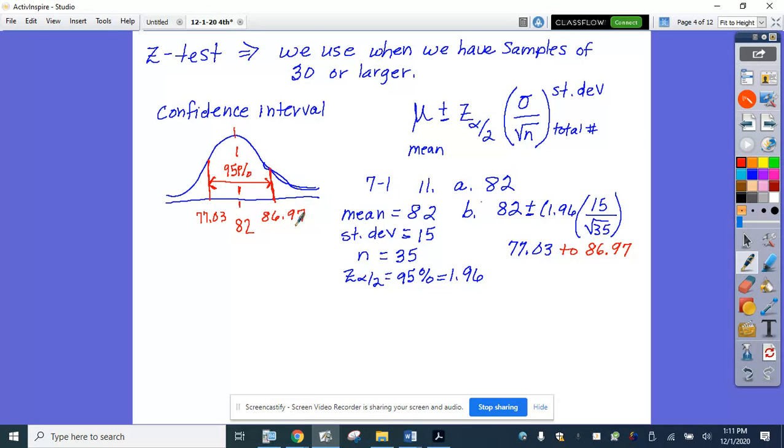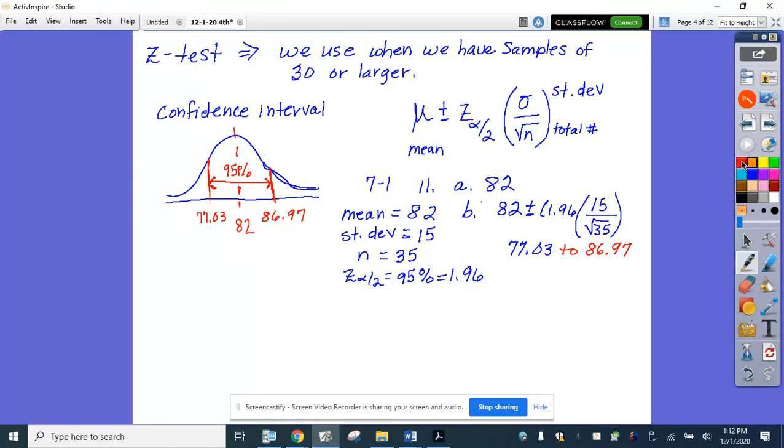Okay, so I believe that the average of my experiment will be between 77.03 and 86.97 for 95% of the time. So if I know how to do this, I can get my confidence interval for these.